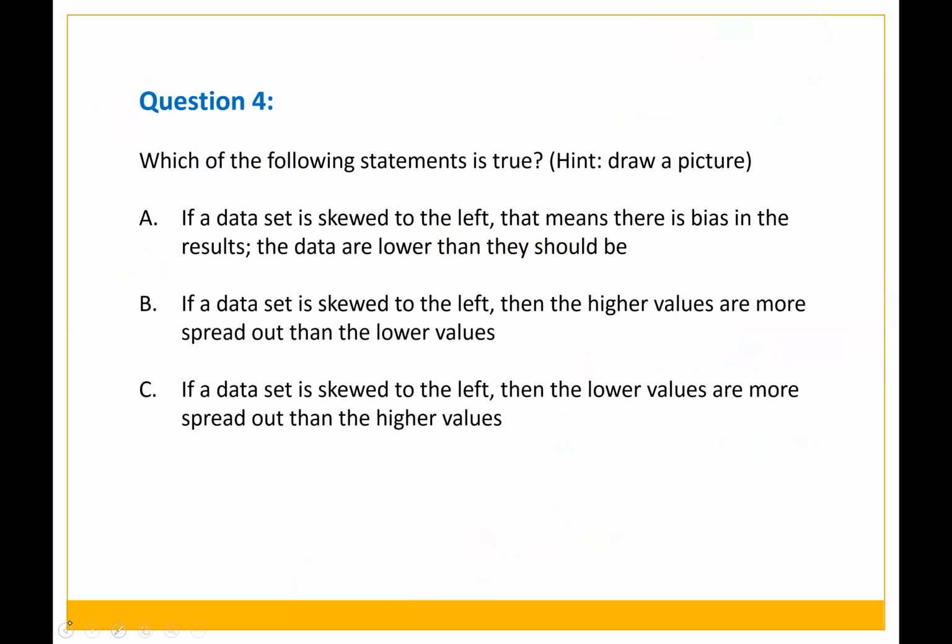If not, then we can just continue. Question 4, which of the following statements is true? Hint, draw pictures. A, if a dataset is skewed to the left, that means there's bias in the result. The data are lower than they should be. Okay, so all of them are talking about data skewed to the left. This is what we call skewed to the left, right? So there's bias in the result.